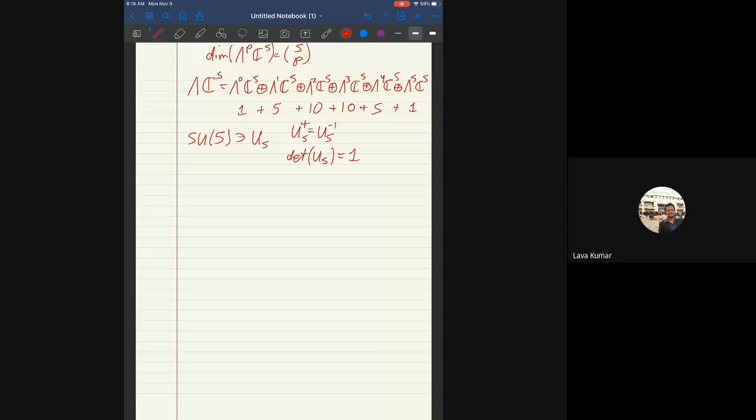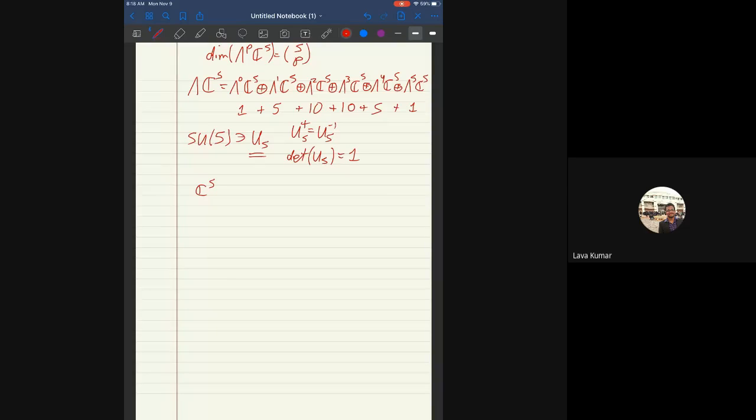Okay, so obviously this matrix U5 acts in a natural way on C5, on the 5-dimensional vector space. It's just the usual matrix action of a 5 by 5 matrix on a 5-component vector.